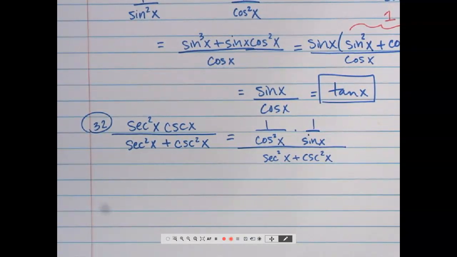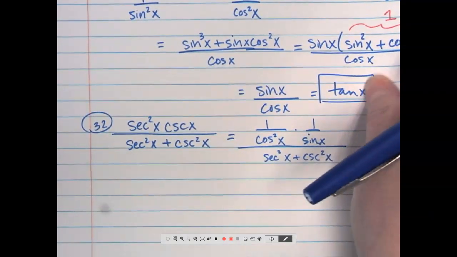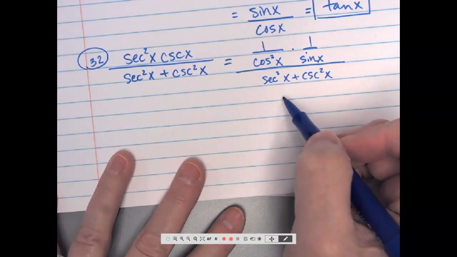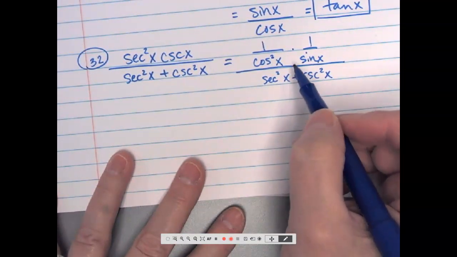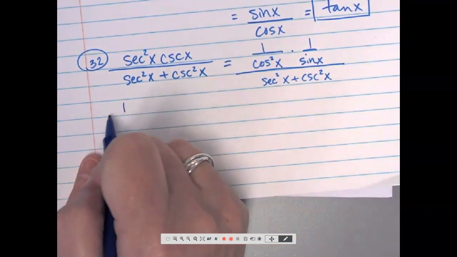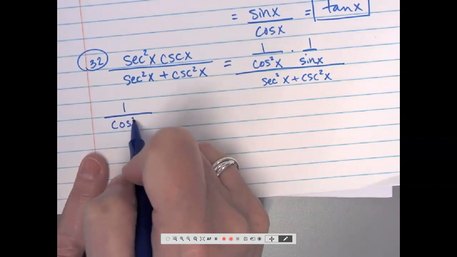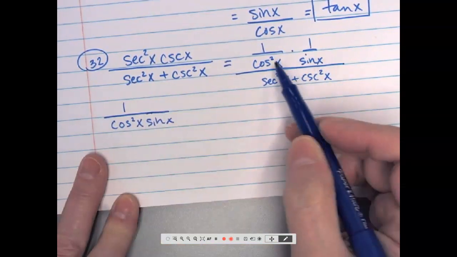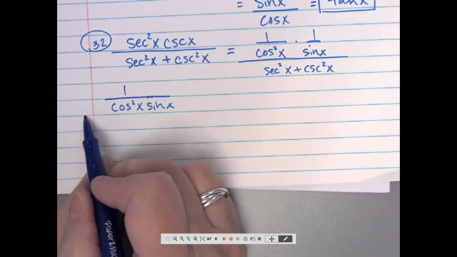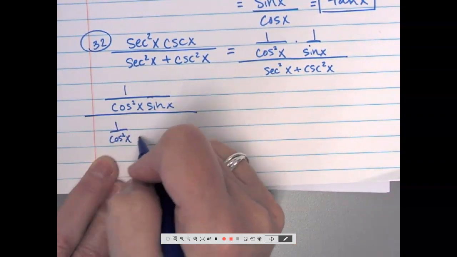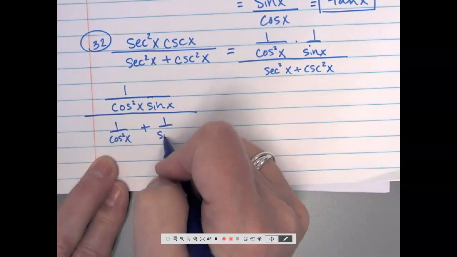Combine the fraction. What are our directions here? Oh, same thing. Okay. All right, well, I guess we better change this too. Okay, not seeing it yet, but we'll get there. All right, 1 over cosine squared sine. I'm just multiplying those two together to get that. Over 1 over cosine squared plus 1 over sine squared.